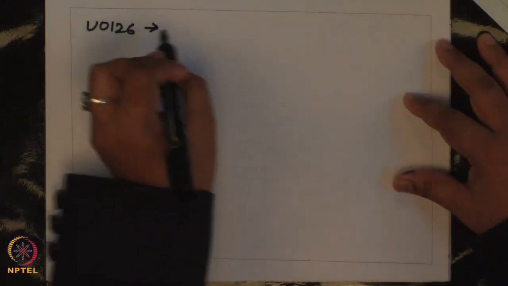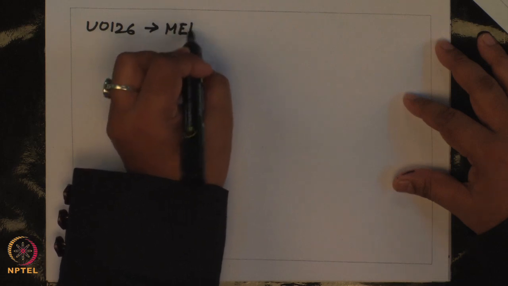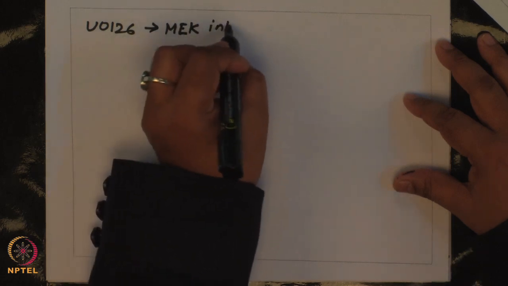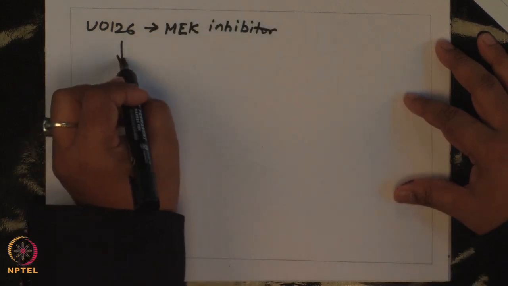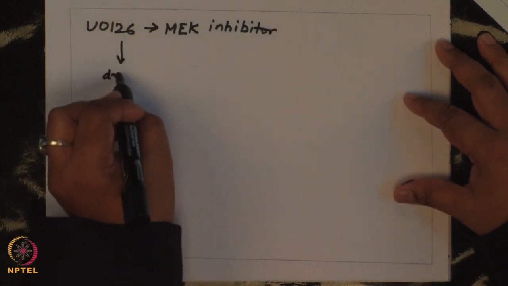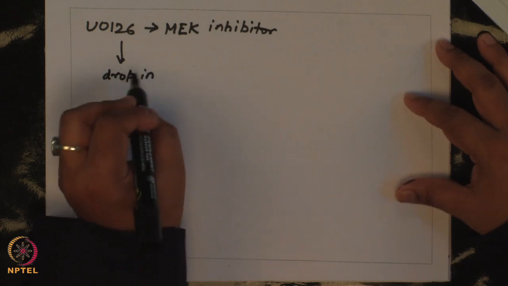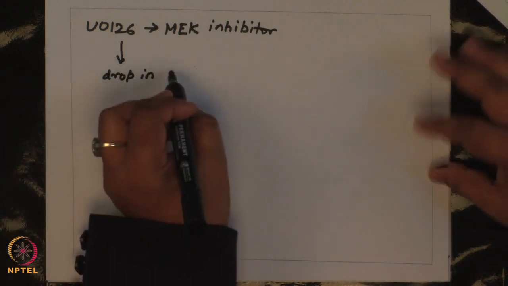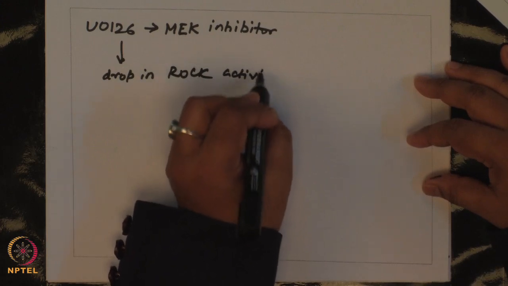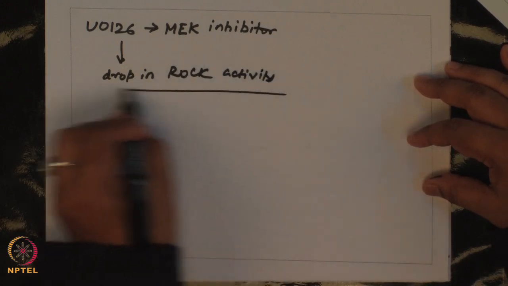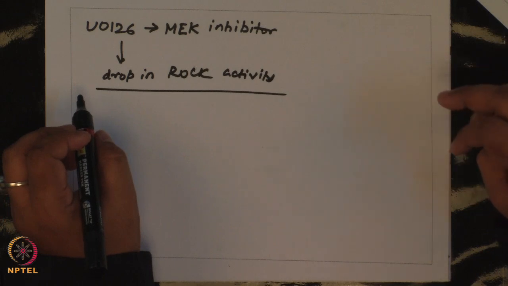So, when they treated with this drug called U0126, this is a MEK inhibitor, it led to a drop in ROCK activity. So, ROCK levels decreased.